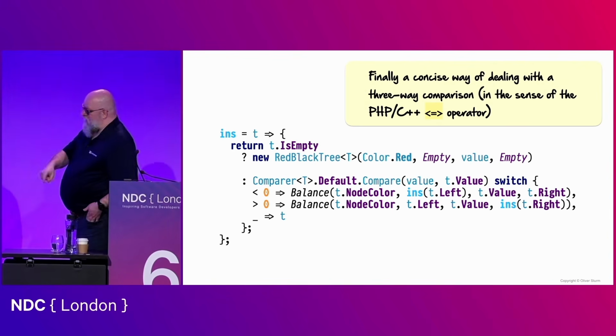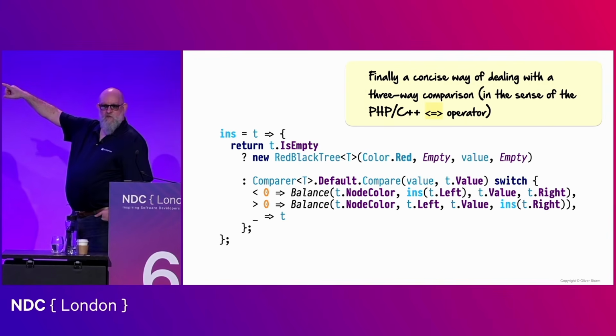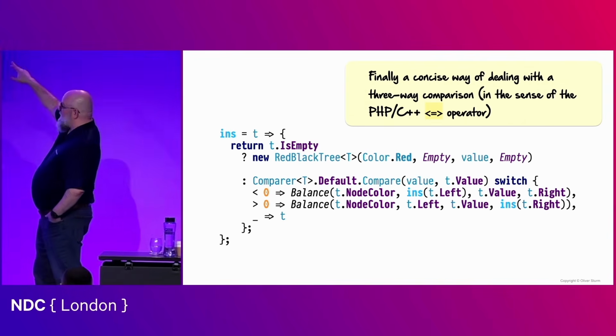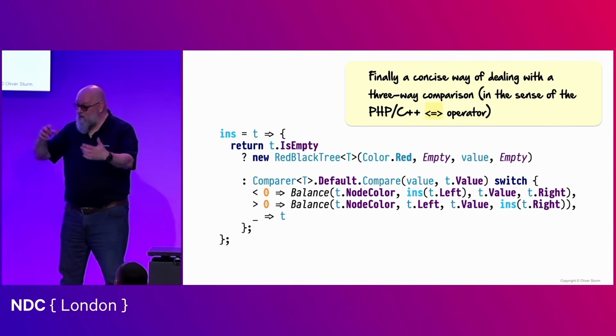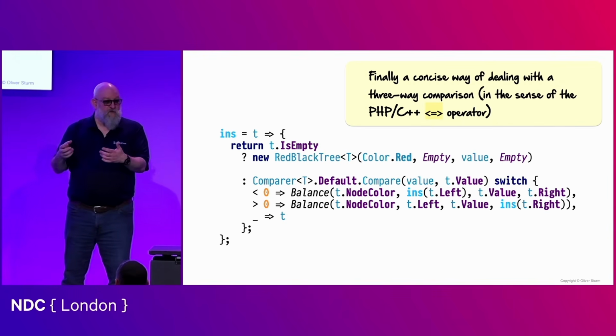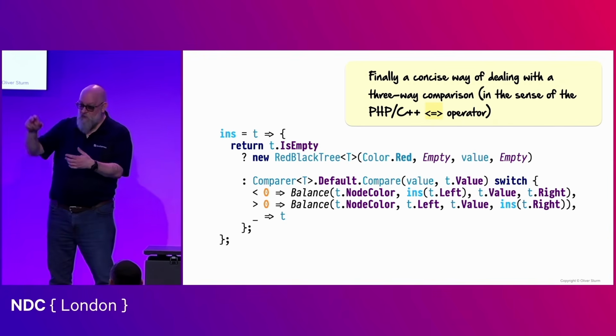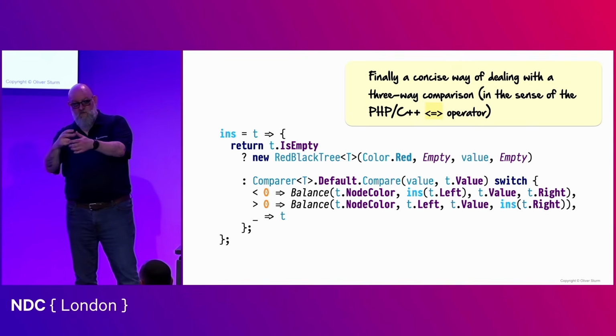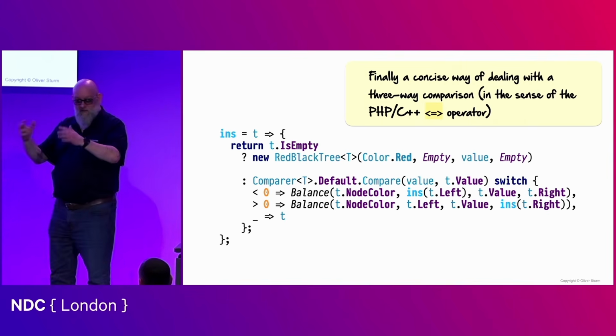Now we have this behavior, for instance, in the Comparer of T in .NET. And it always used to be kind of difficult syntactically to deal with those results, because you had to put them in a variable and then go, if smaller than 0, else, if larger than 0, else, like that.